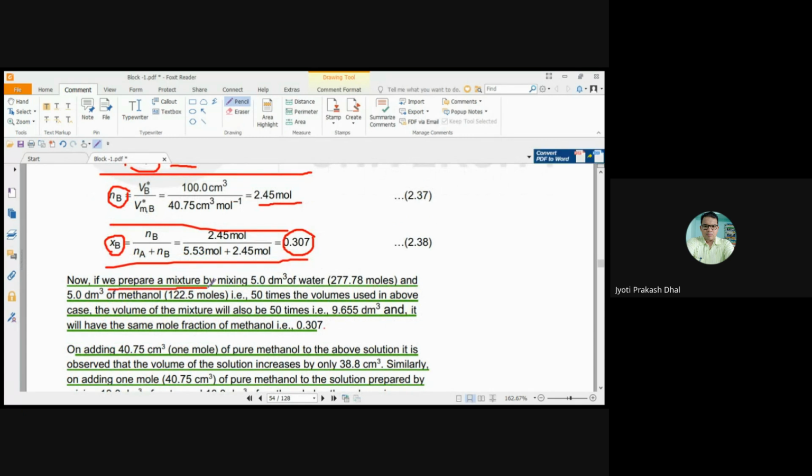If we prepare a mixture by mixing 2 ml of water and 2 ml of methanol, that is one-fiftieth of the volume used in the above case, the volume of the mixture will be 3.862 ml, and it will have the same mole fraction of methanol, that is 0.307.